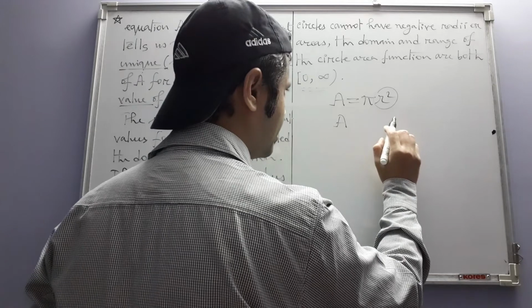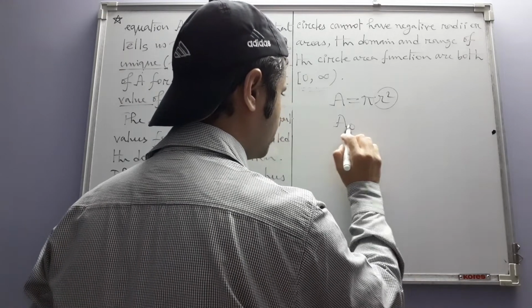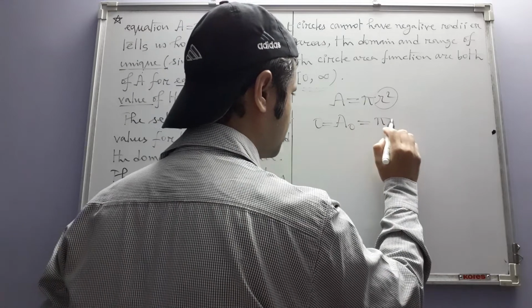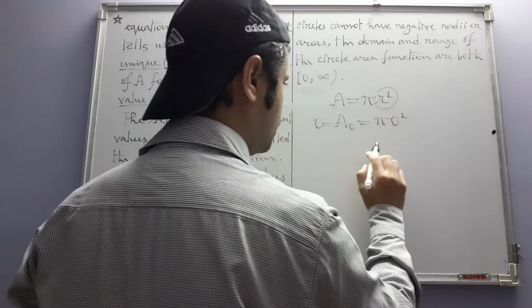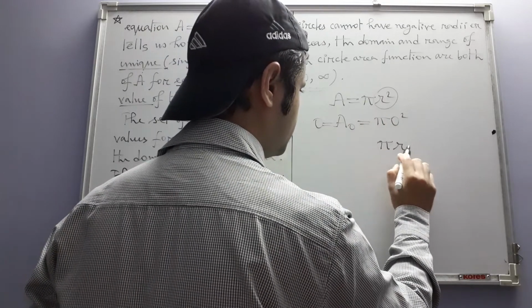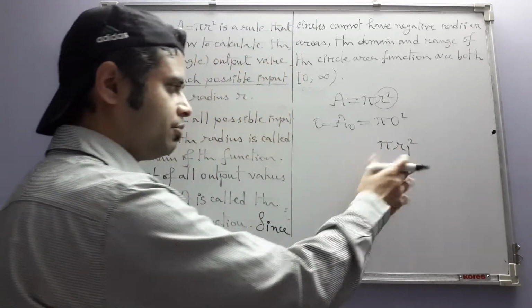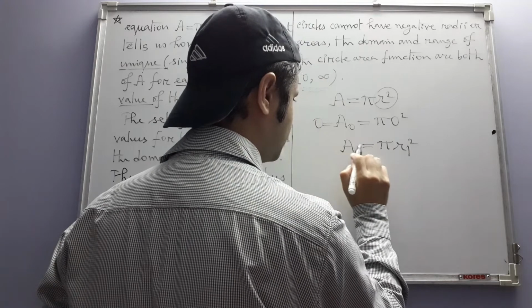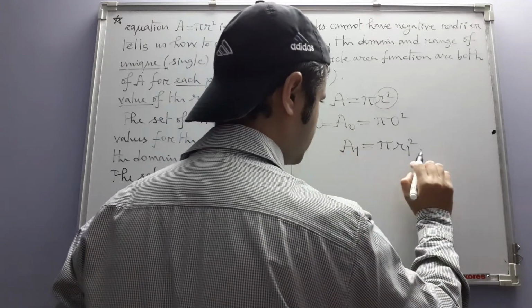say you put r equal to 0, you get a naught, which is 0 itself. Let me show some of them. You put some positive real number r1 here, you get some area a1.